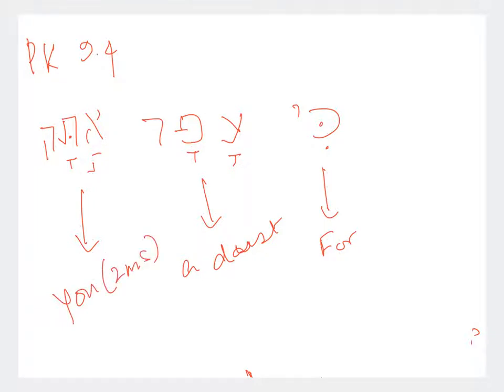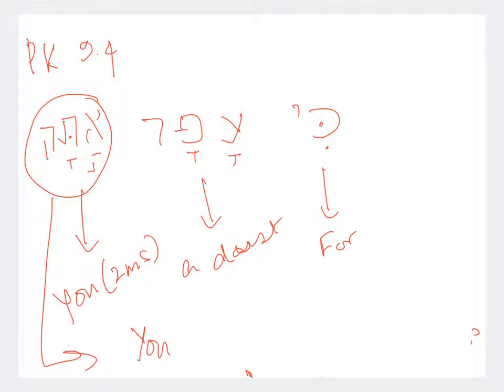Now, how do you translate it? I always said these kinds of words, atta, are always going to be subject pronouns in English. So you'll just put the subject first. You, there's no verb in this sentence, so it's a verbless clause.